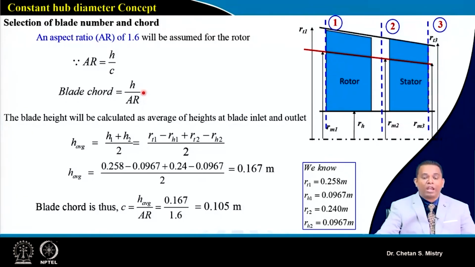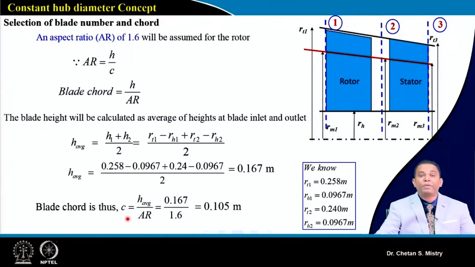Now in order to calculate the height of my blade, or the span of my blade, we are doing h1 plus h2 by 2. So h1 and h2 are given by r1 minus rh at entry and rt minus rh at the exit, and this is coming to be 0.167 meter.